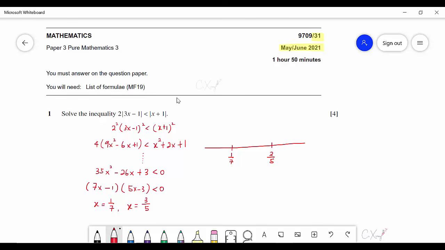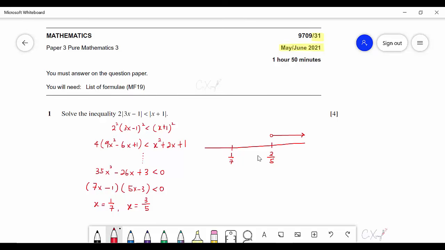For the value 3 over 5, it refers to the bracket 5x minus 3, so any value greater than 3 over 5 makes this bracket positive, so I draw the arrow to the right of 3 over 5.